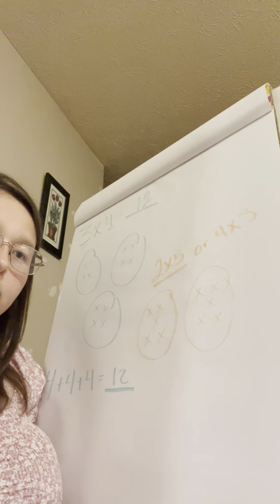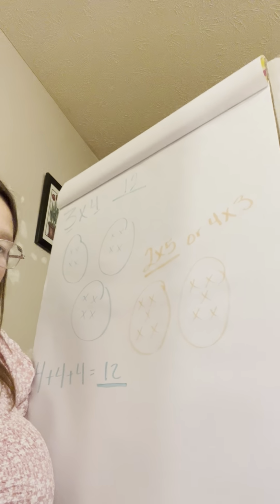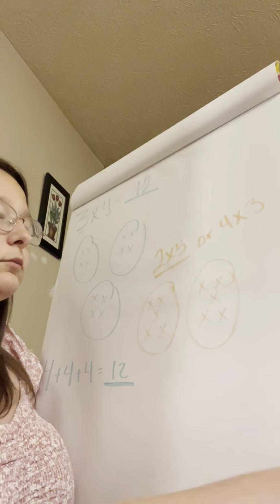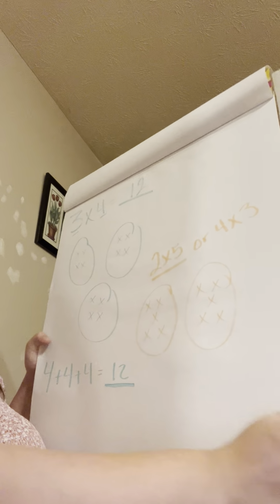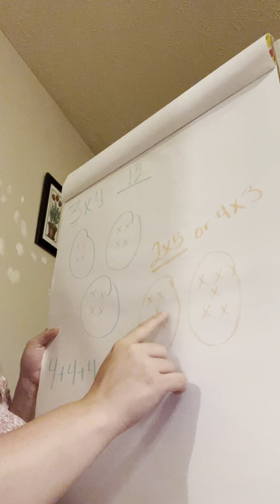Now, as I put my marker away, I have my 2 groups with 5 beats. So now we're going to clap that out and see what our rhythm would be. So for group 1, 1, 2, 3, 4, 5. Group 2, 1, 2, 3, 4, 5. Now, while you work, I will walk around and check your thinking.